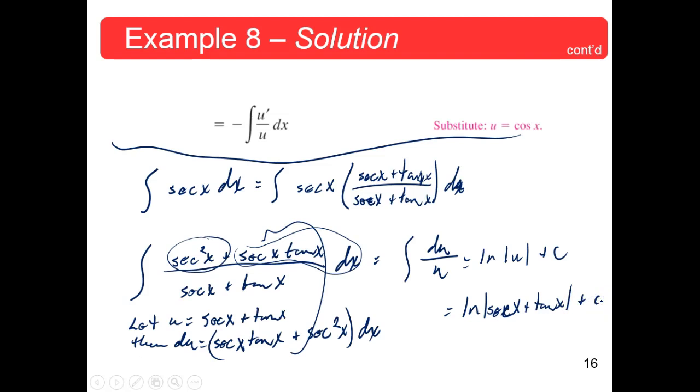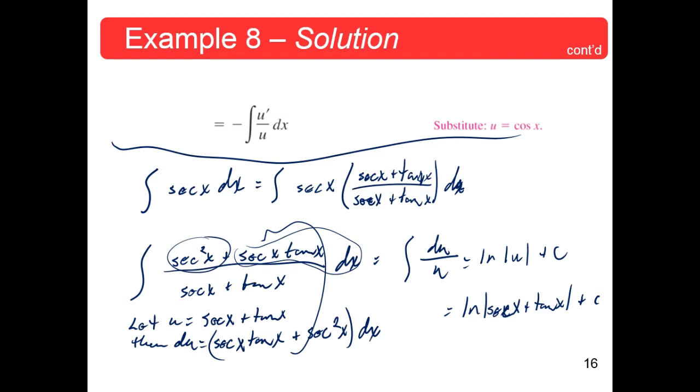Now, you need to sort of remind yourself of where these things are defined. Secant x and tangent x are defined between negative pi halves and pi halves for one instance. And in that domain for x, secant is always positive.